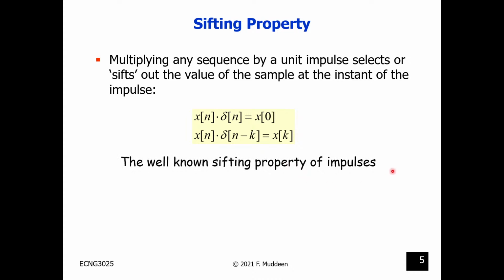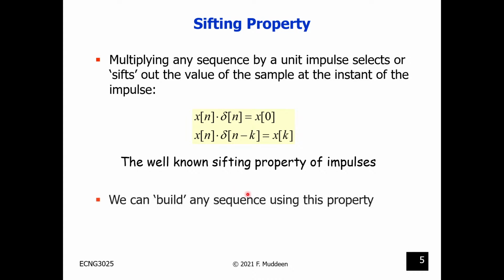And this shifting of the unit impulse being multiplied by x of n is what we refer to as the sifting property of impulses. It is possible to build any sequence using the same sifting property.